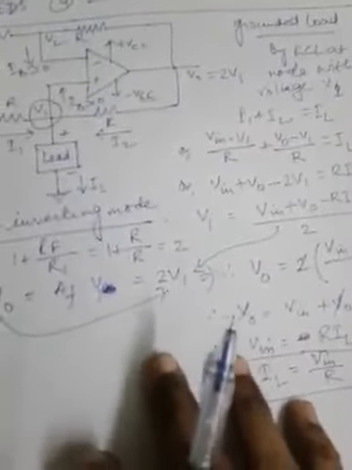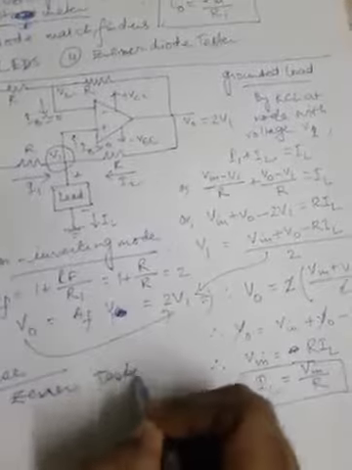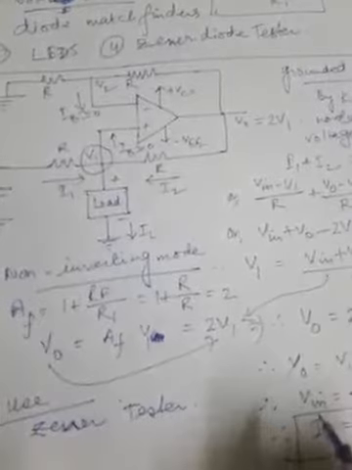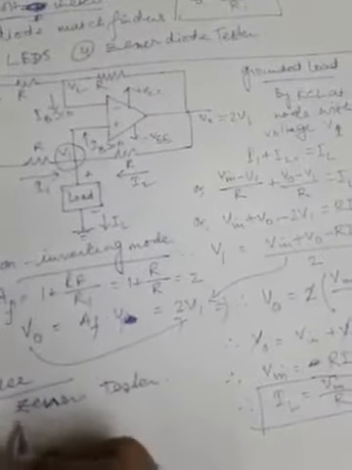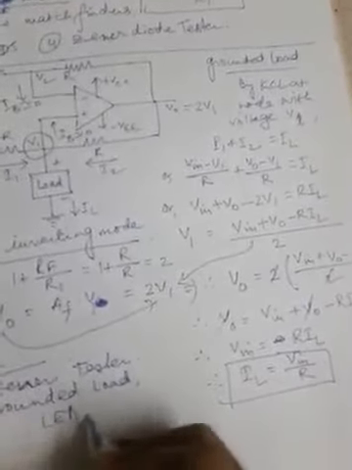The voltage to current converter of this configuration with grounded load may also be used in testing devices like Zeners and LEDs. It is used in a Zener tester, and for a grounded load, LEDs are used.